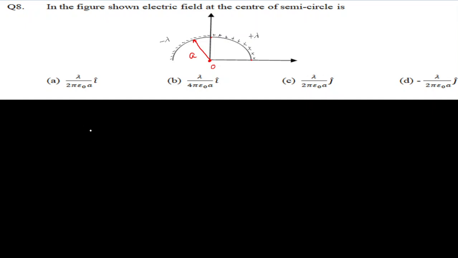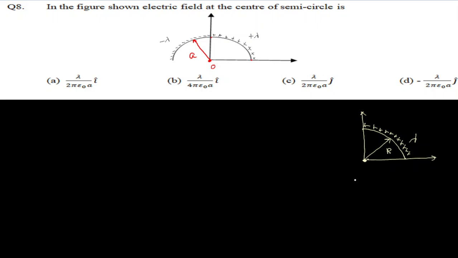What we have noticed is that if we have a charge distribution like this, let's say this is the x-axis and this is the y-axis, and we have a quarter part of a circle with charge per unit length lambda, and the radius of this arc is capital R, then we have already calculated the electric field at the center of this arc.